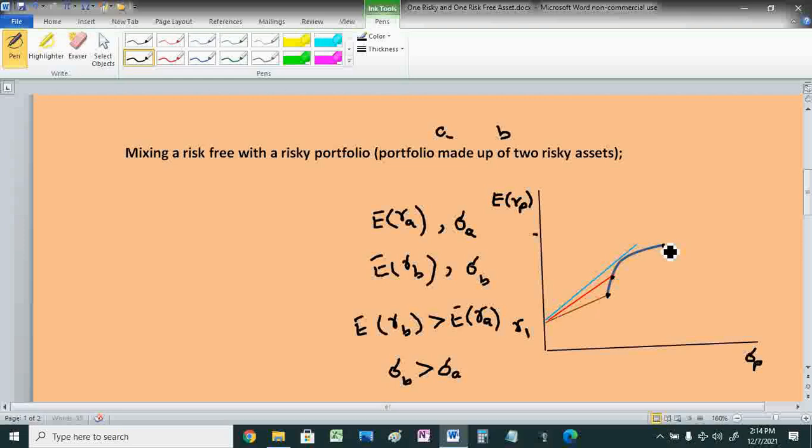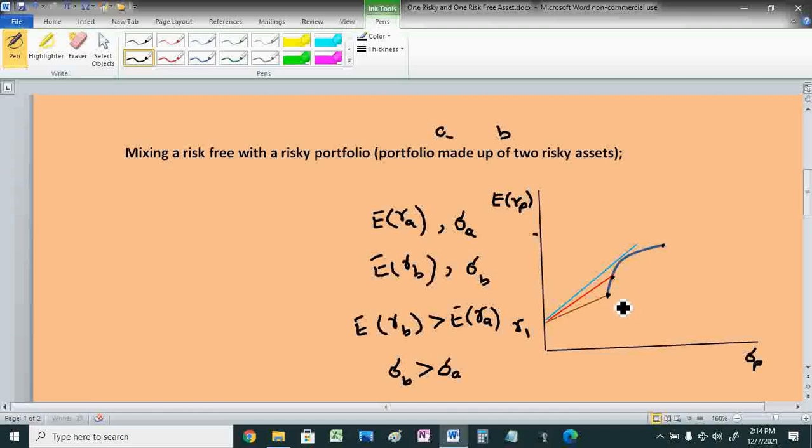Then see that between these two risky securities, when we obtain the portfolio possibility frontier, it is going to look like this blue frontier. We have taken only the efficient portion of the portfolio possibility frontier, and see that this is the point where we have allocated our savings to only the portfolio of risky assets.